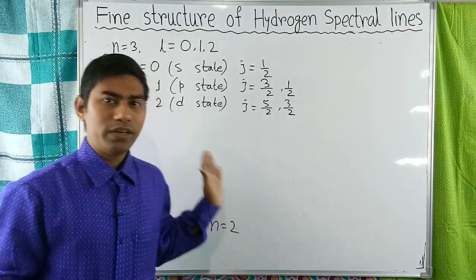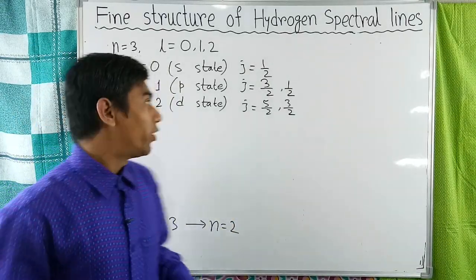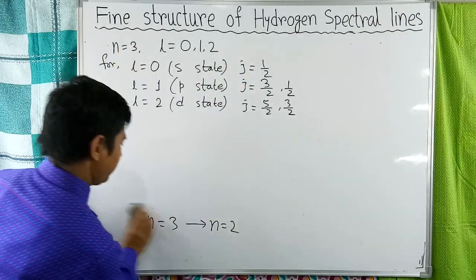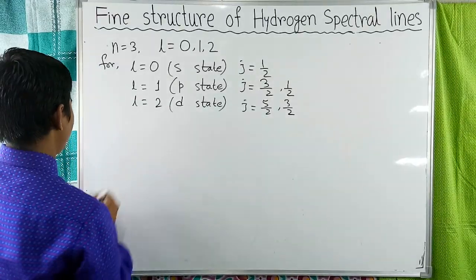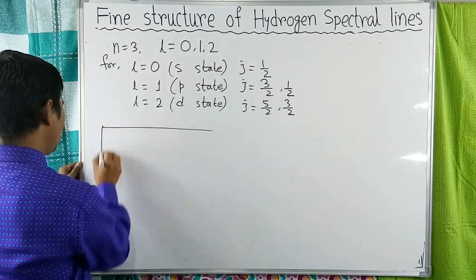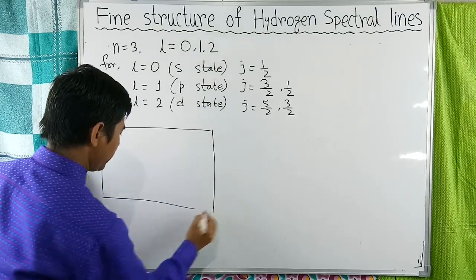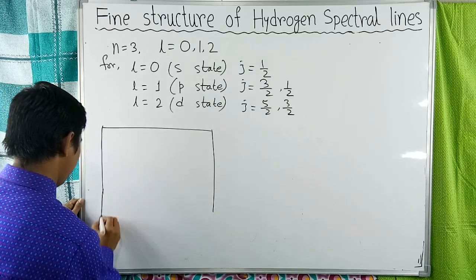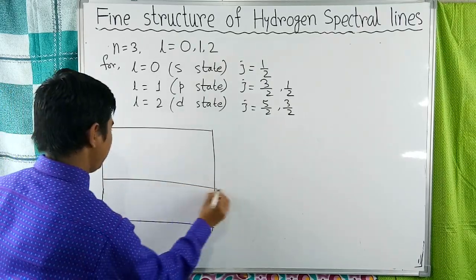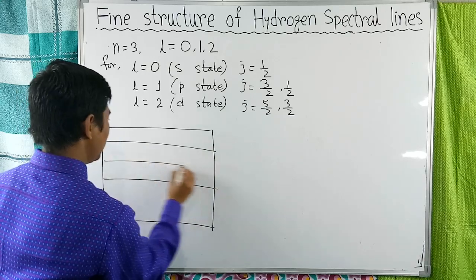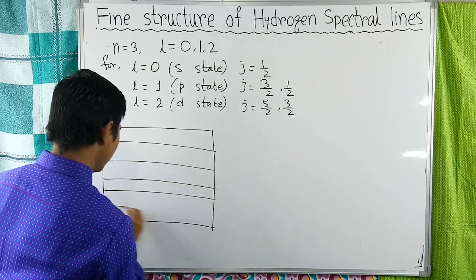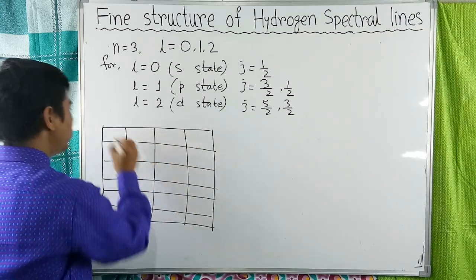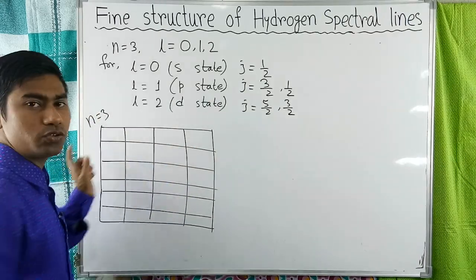Now we write the quantum states for n equals 3 and n equals 2. We draw a table. Suppose this table is for principal quantum number n equals 3.